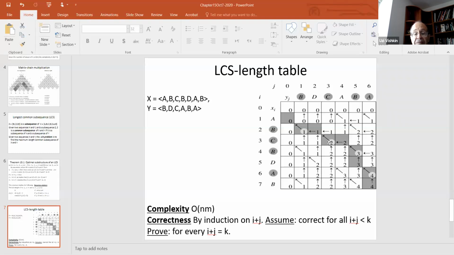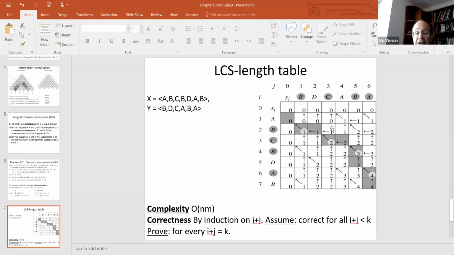The observation back then was that the way to figure out the LCS, the longest common subsequence of a given point here, depends basically on 3 entries of prior prefixes.